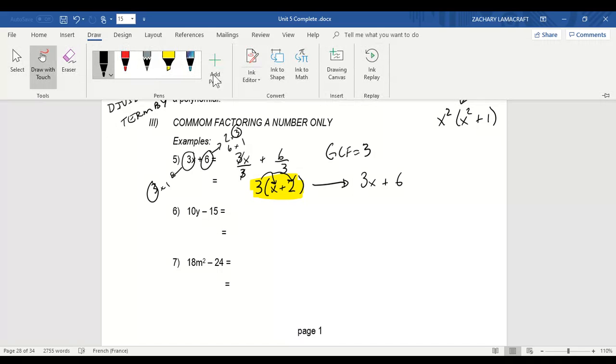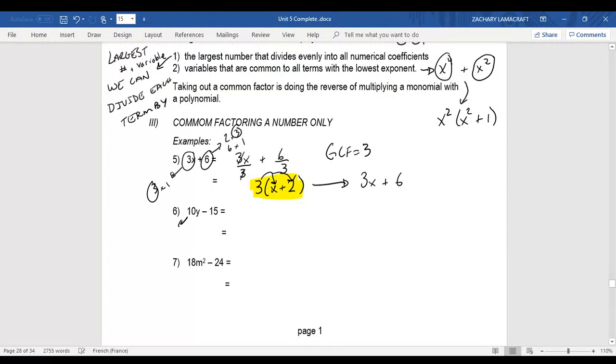So if we look at our next example here, if we think about multiples of 10, we got 5 and 2, we got 10 and 1. And if we think of 15, 15 and 1, 5 and 3. And by just looking at this, we can tell that 5 is going to be used. So in this case, 10y divided by 5 and negative 15 divided by 5 will help us get what we need inside the bracket.